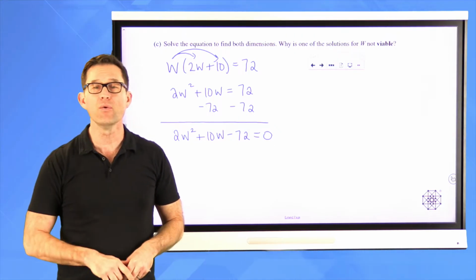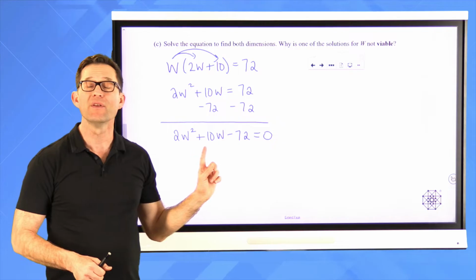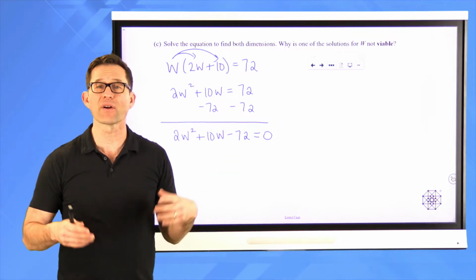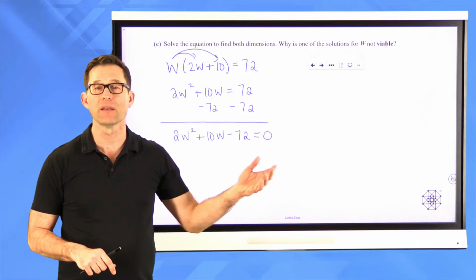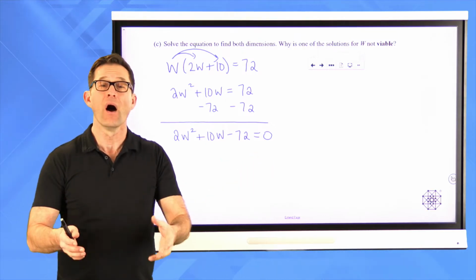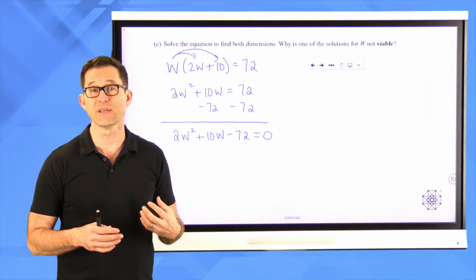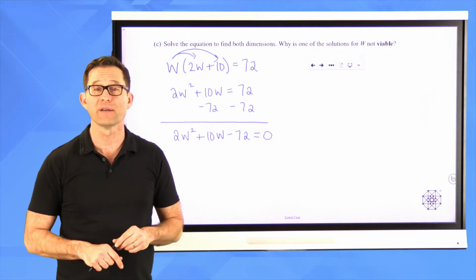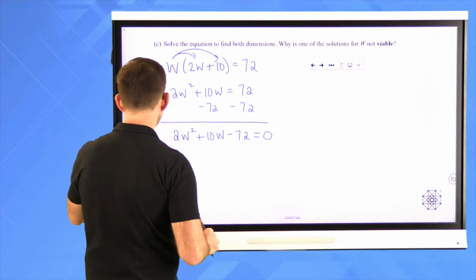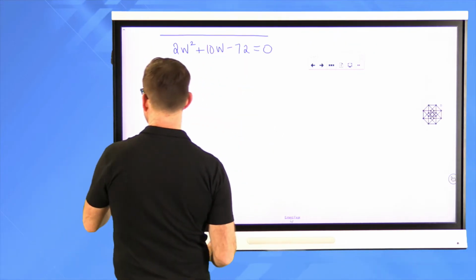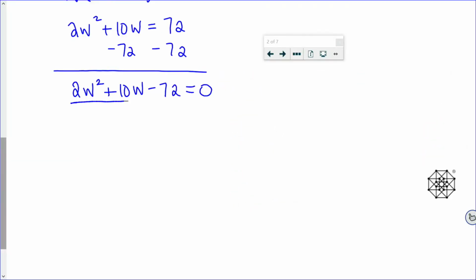But before I do that, notice that the 2, the 10, and the 72 all have a common factor of 2. When that happens and I've got an equation set equal to 0, I've got two choices. I could factor the 2 out as a GCF, or I could divide both sides of the equation by 2. And that's what I'm going to do in this situation. Both work absolutely fine. But I'm going to divide both sides of this equation by 2.